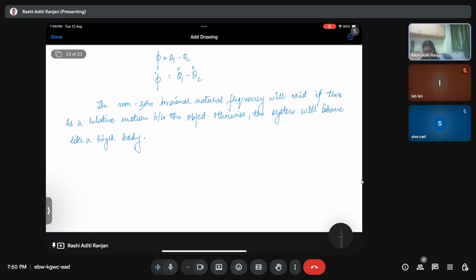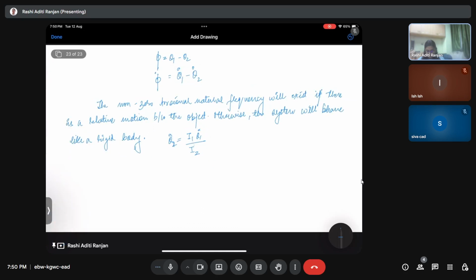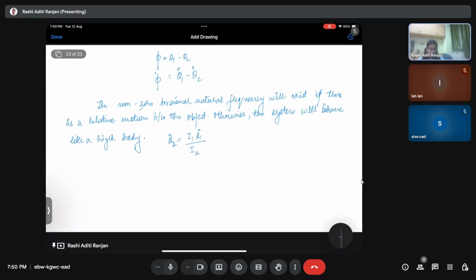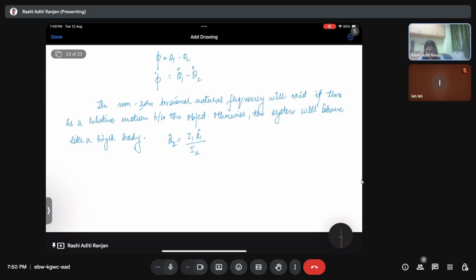Again, if we use the relation theta 2 dot, which was equal to I1 theta 1 dot by I2, what are we going to get?